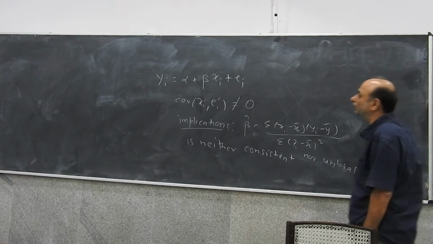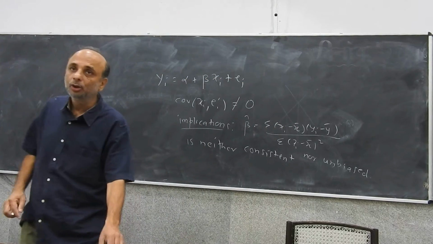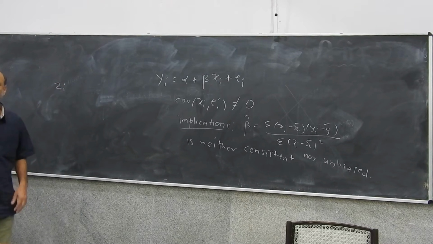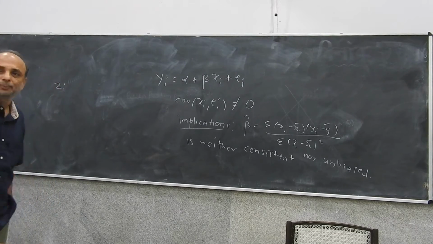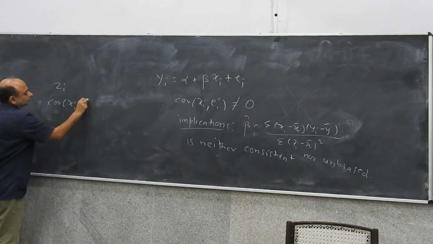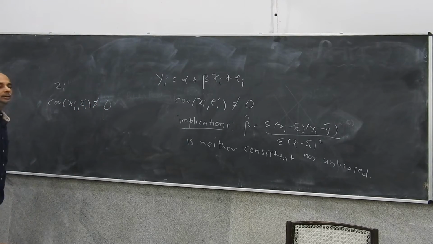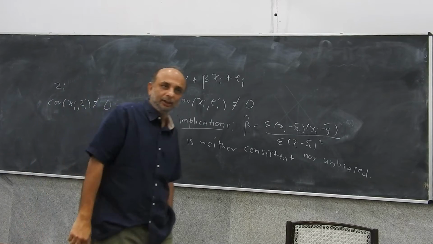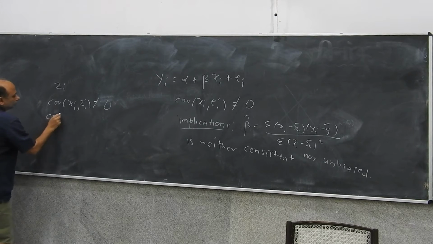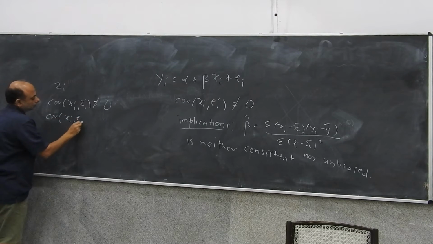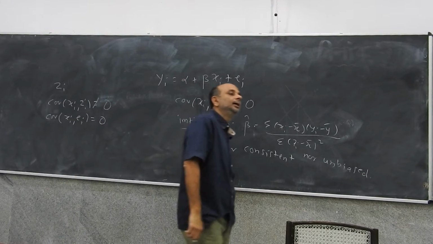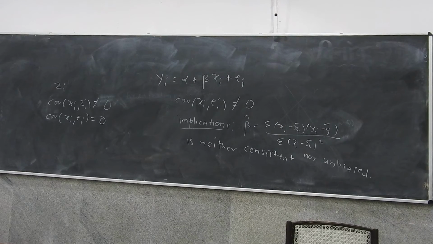One way of solving this problem is to look for a variable called z, zi, which has the property that covariance xi zi is not equal to 0, but covariance zi ei is equal to 0.